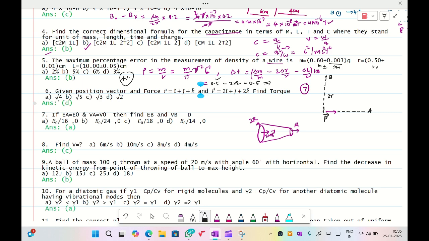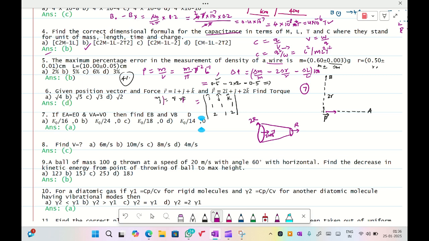Next, coming into the next question. I don't want to waste time. So very easy, torque: tau is equal to r bar cross F bar. That equal to the determinant with i, j, k, and r bar 1, 1, 1, and 2, 1, 2. Now if you do the cross multiplication, the magnitude of this vector is tau.